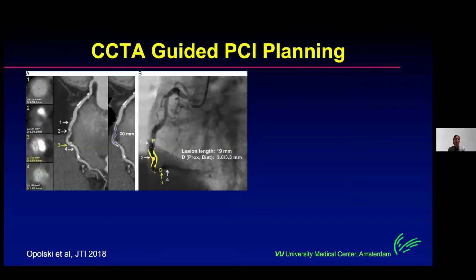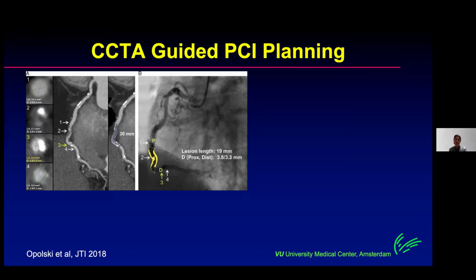Then you come to the cath lab, because once you've determined the fact that these patients have ischemia and obstructive coronary disease, how are you going to send them to the cath lab? Just for diagnostic angiography? I don't think so. This is work by Max Opolski, who worked with us in Amsterdam for a year or so, and analyzed all the CT angiography that we had and analyzed from what place we should stent.